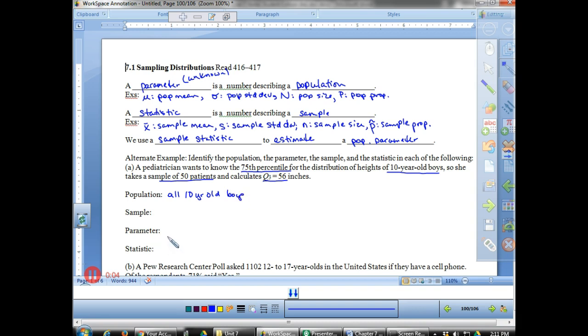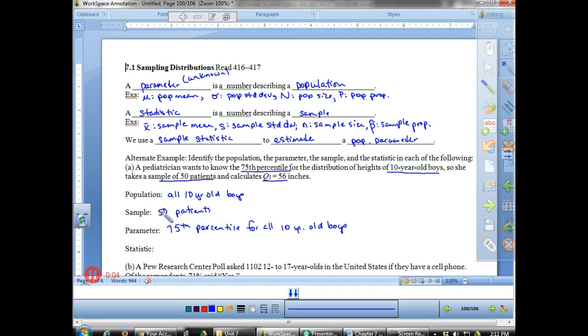The parameter is the 75th percentile for all 10-year-old boys. The sample is just the 50 patients.